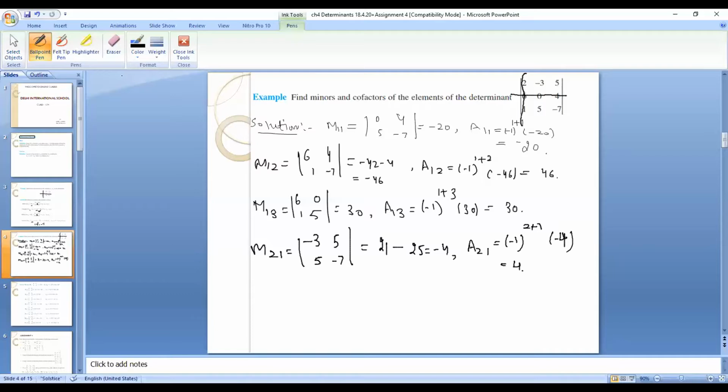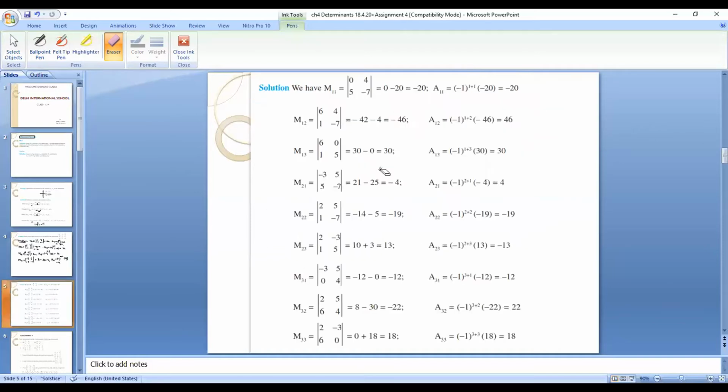This way, we will be calculating M22, A22, M23, A23, M31, A31, right? You solve it on your rough copy, each and every minor and cofactor. So, I will be having these results, right? M11 minus 20, A11 minus 20, M12 minus 46, A12 46, and so on, right?